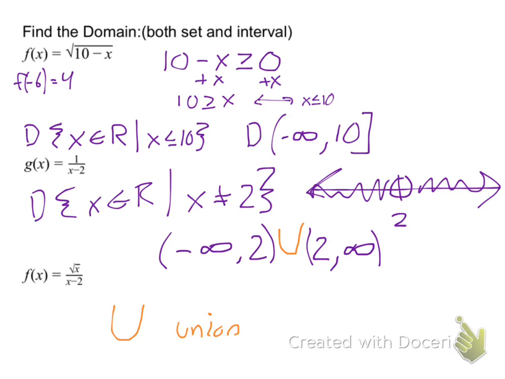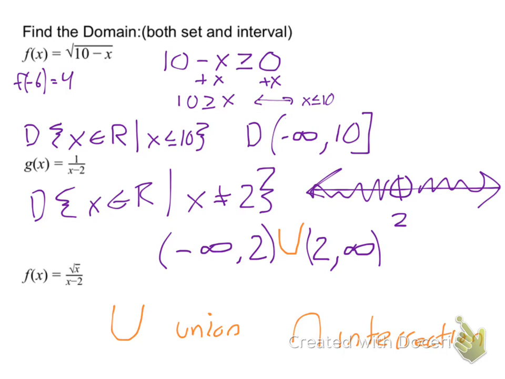And then we have another symbol. It's an upside down U. If you see that between 2 intervals, this is the intersection. And what I mean by intersection is only the ones they have in common.